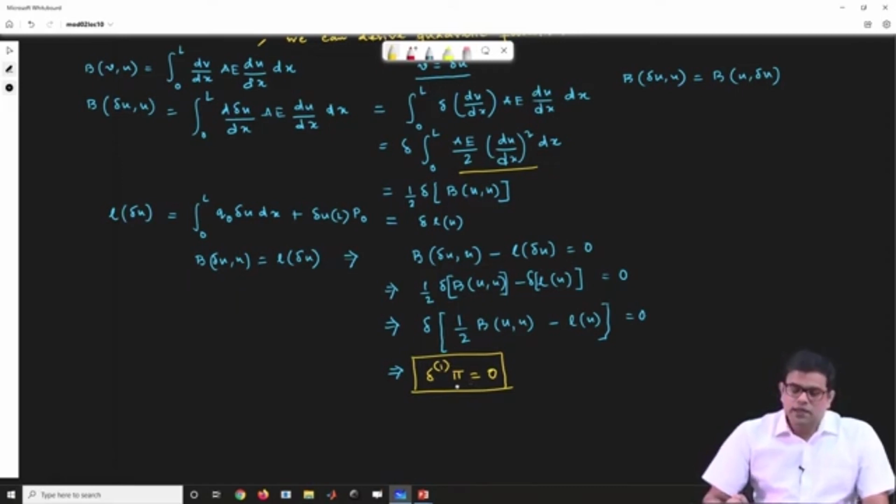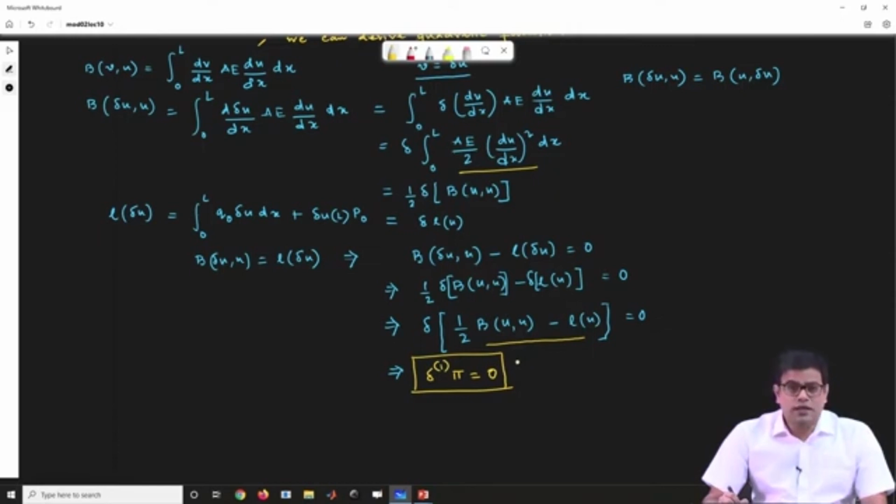But it is interesting to note that this is a quadratic functional. I will not elaborate much about the quadratic functional here. Rather, I will say that the derivation of this functional is possible if the bilinear form is symmetric.